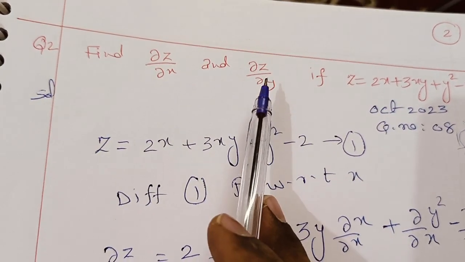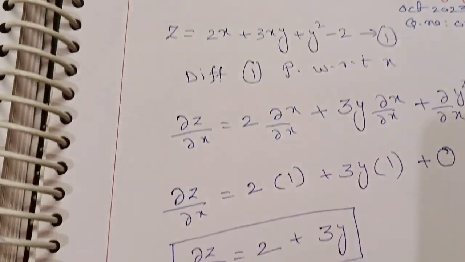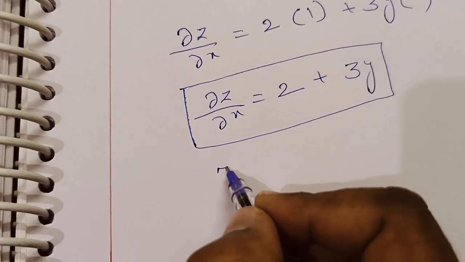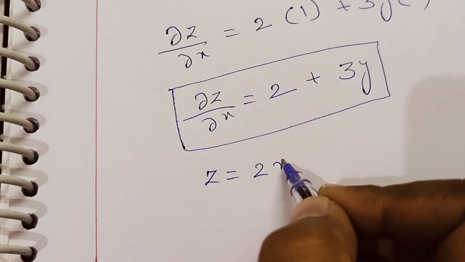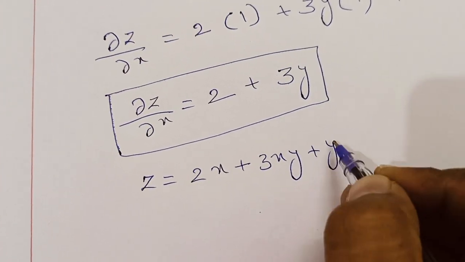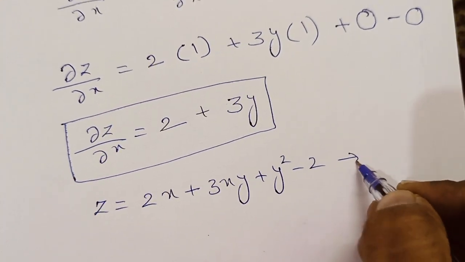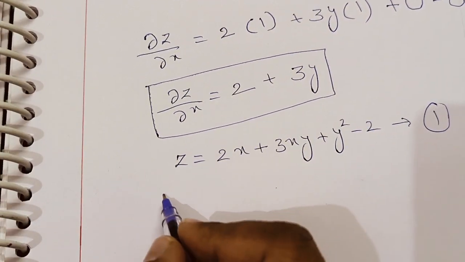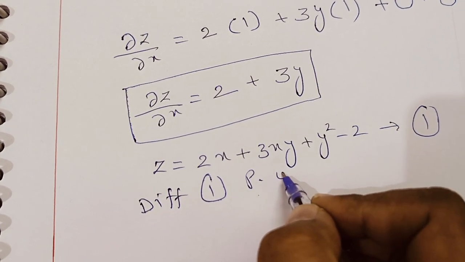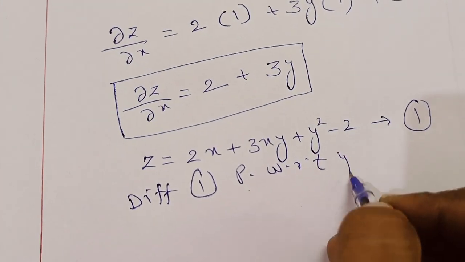Now we have to find out dou z by dou y. So again we will write the same function z is equal to 2x plus 3xy plus y square minus 2. Equation number 1. Differentiating 1 partially with respect to y.